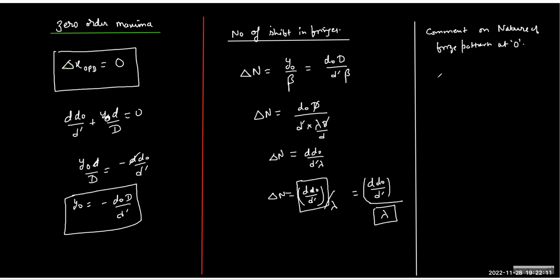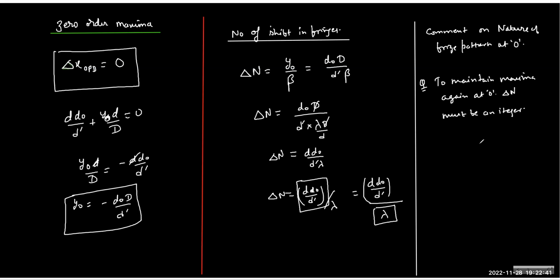Question is, to maintain maxima again at O, delta n must be an integer.